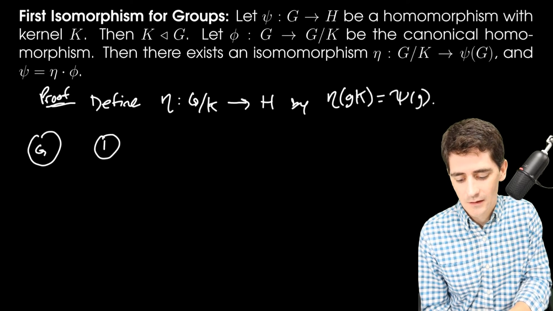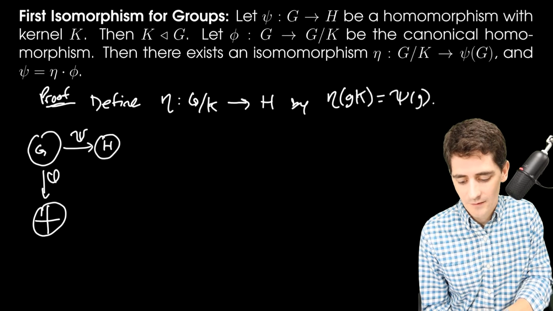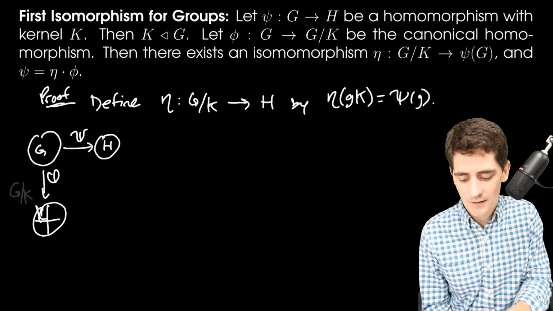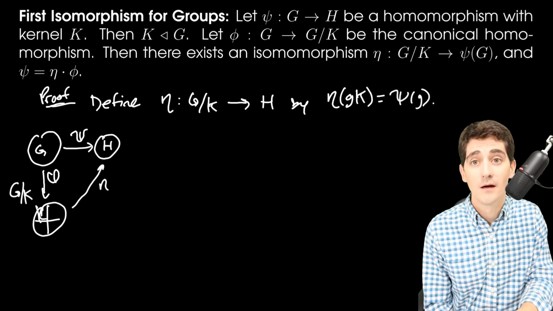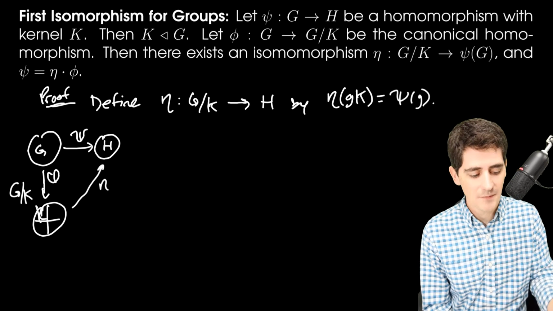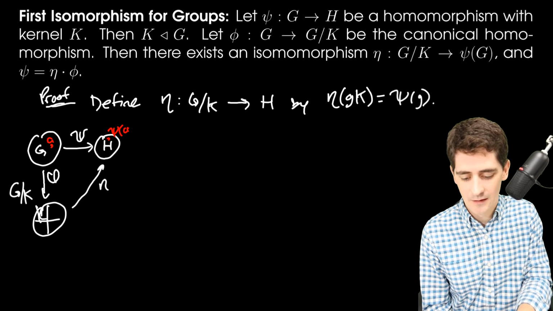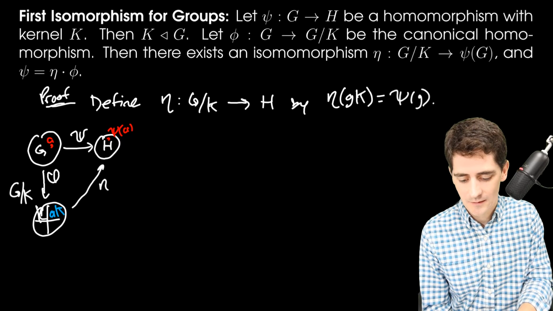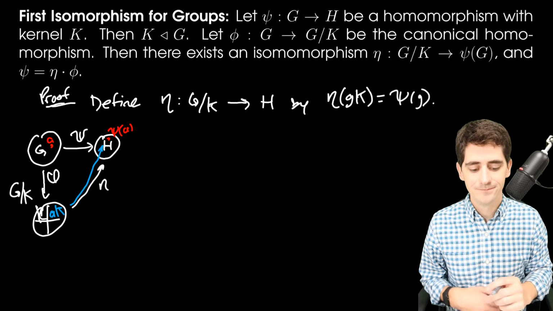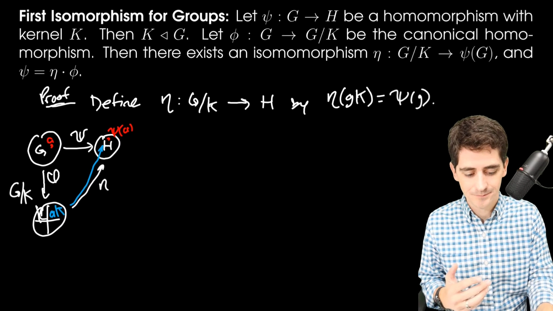Here's G, here's H, so I'm going from G to H with psi. I'm using the canonical homomorphism to get down to G over K, and then I'm using eta to go from G over K up to H. And again, whatever a gets mapped to over here, psi of a, that's what we're mapping the coset aK to. And now my claim is that this is the isomorphism that we're looking for.